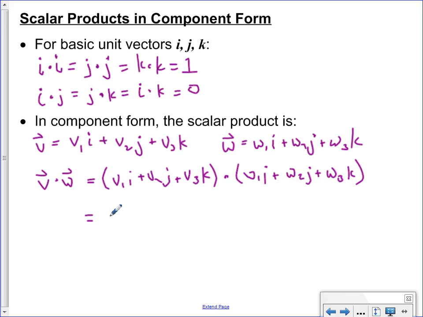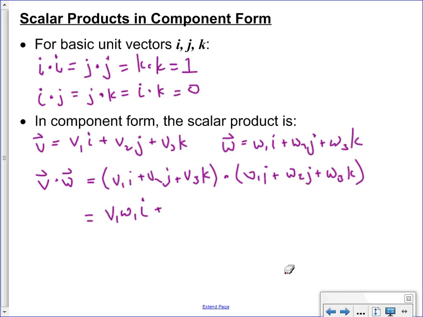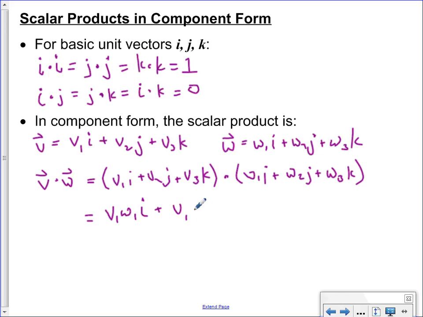You would have v1 w1 i dot i, plus v1 w2 i dot j, and v1 w3 i dot k.